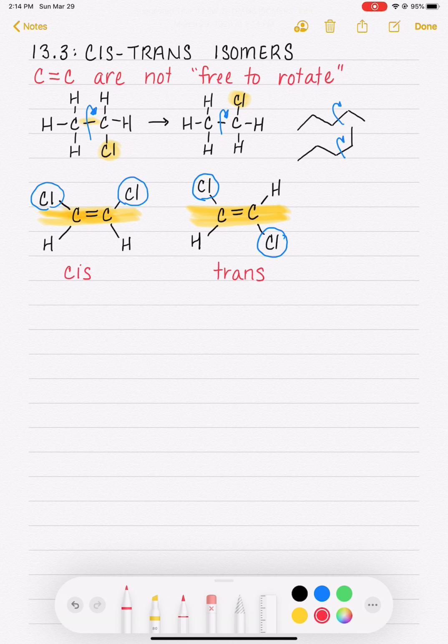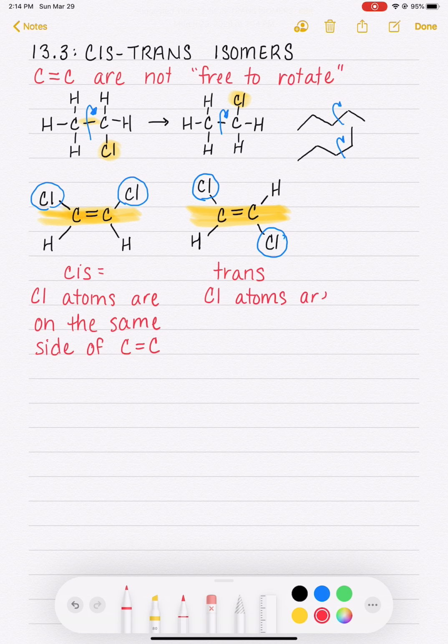The cis isomer is the one where the molecule has, in this case, chlorine atoms on the same side of the double bond. The trans isomer is the one, in this case, where the chlorine atoms are not on the same side. It has one on each side.